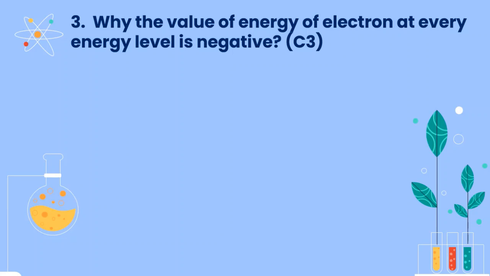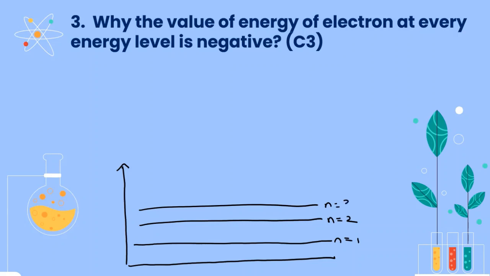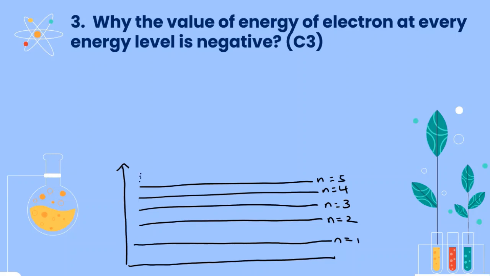This means that if I draw the energy level diagram for you, at n equals 1, n equals 2, n equals 3, n equals 4, n equals 5, up until n equals infinity, at infinity the value of energy is equal to 0 joule.